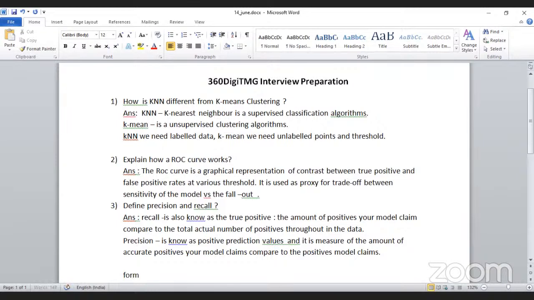So we'll go for the formula. Formula for recall is true positive divided by true positive plus false positive.